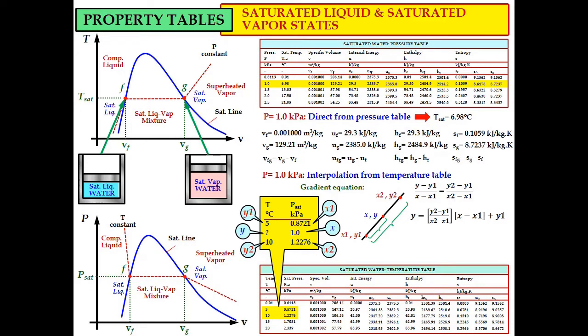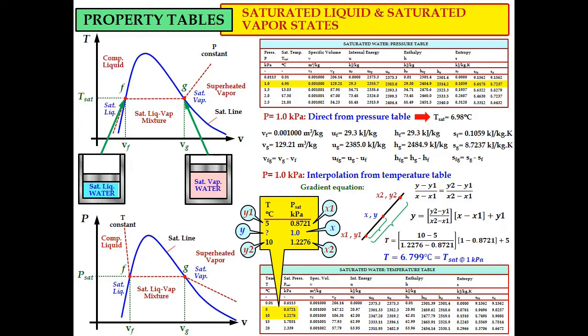To use this interpolation, you need to make sure that your arrangement of data is correct, and replace y with T and use whatever data we obtain from the table. From the interpolation calculation, you get T saturated for 1 kilopascal equal to 6.799 degrees Celsius. If you compare with the direct method that we obtain from the saturated water pressure table, the value will be slightly different but still acceptable.